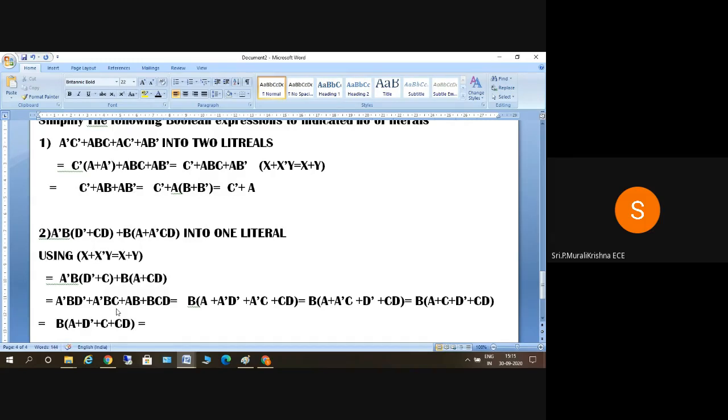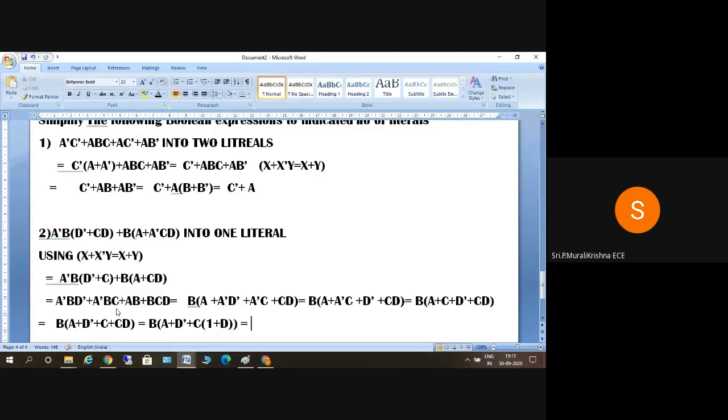That is equal to B into A plus D bar plus, if I take C as common, I'll get 1 plus D. Okay, so 1 plus anything is 1 there. Right?